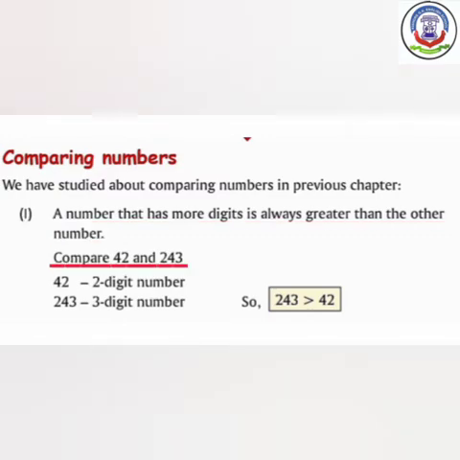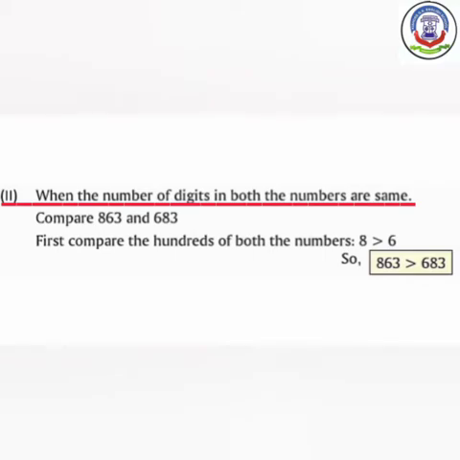Compare 42 and 243. 42 is 2-digit number and 243 is 3-digit number. So 243 is greater than 42.